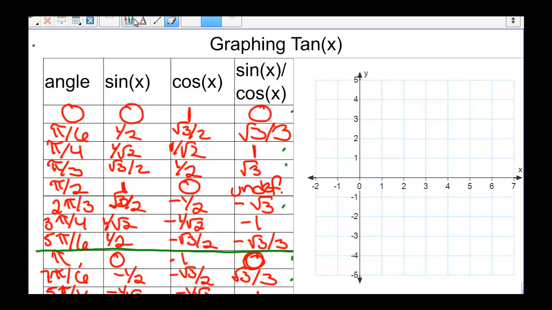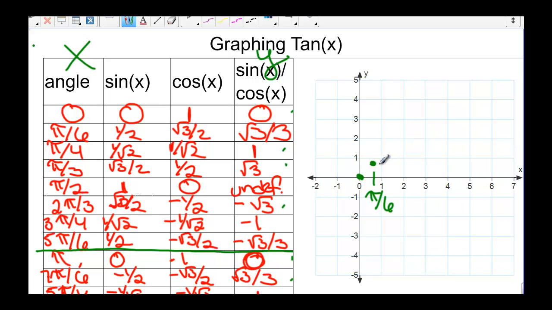So now let's try to graph these points. So this is my x value, and this is my y value. At 0, we're at 0. At pi over 6, we're at square root of 3 over 3, which is about 0.578.